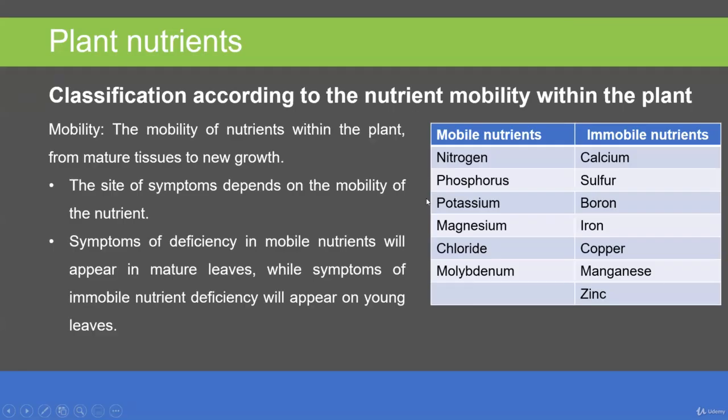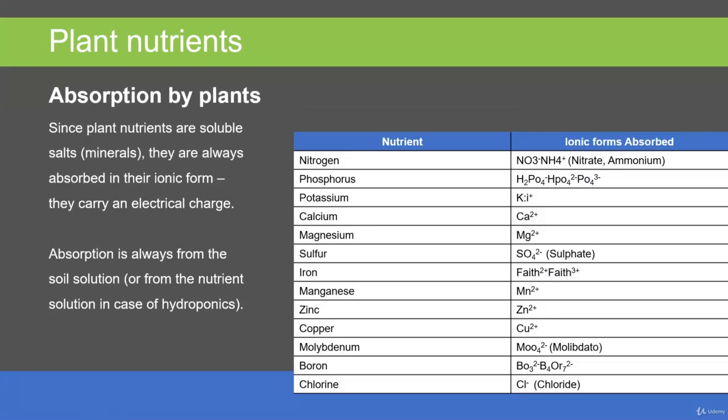That's because if, for instance, there is an iron deficiency, iron is immobile, that means that it does not readily move from the older tissue to the new growth. When there is a deficiency, it will first appear on the new growth because the plant cannot translocate iron to the new growth.